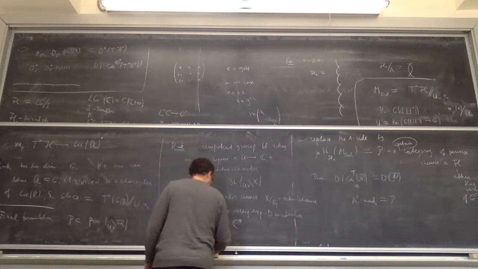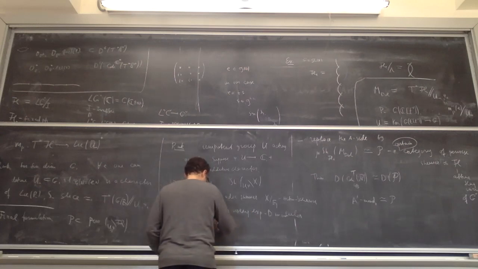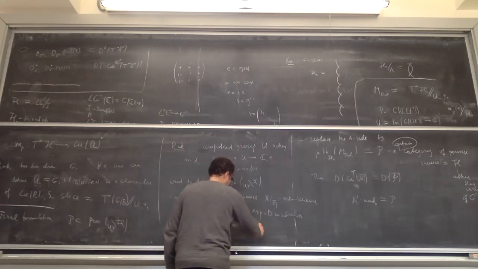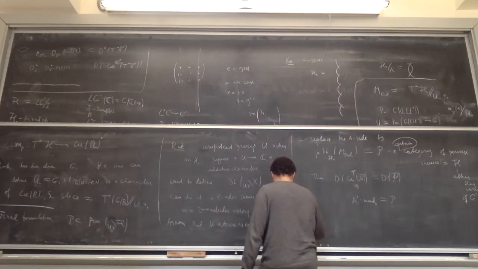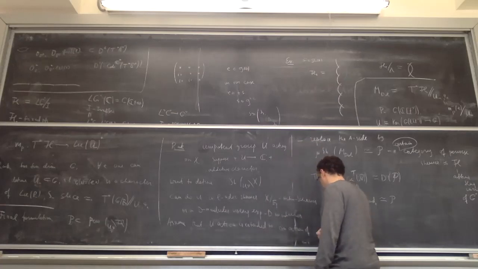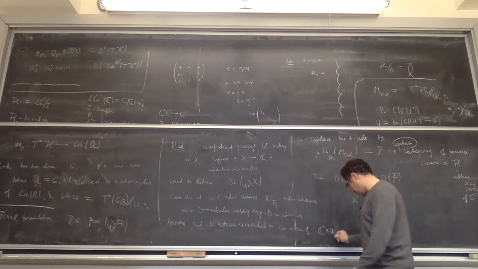Maybe let's put it this way: that the U action is extended to an action of C star semi-direct U, so C star acts on X and normalizes U. And the key point is that C star dilates psi.